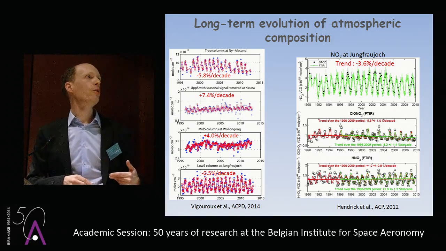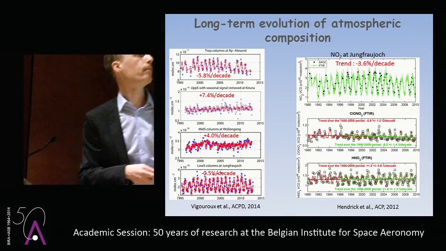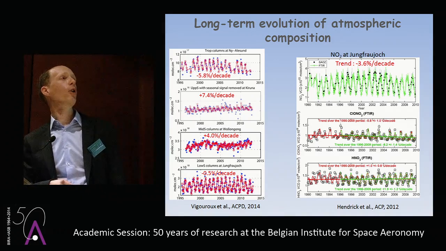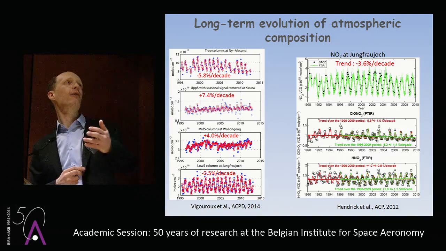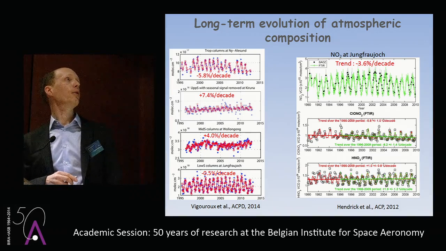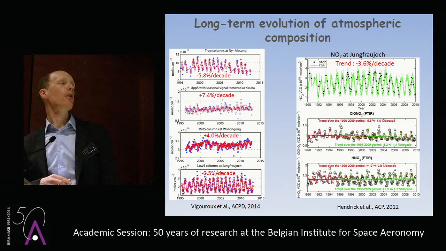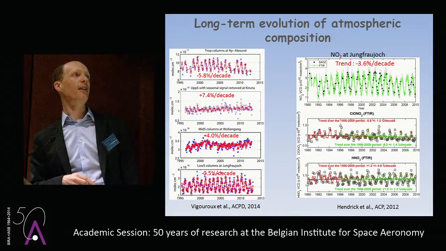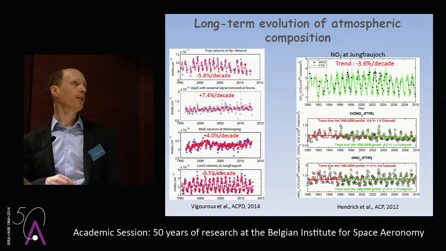So its trend, which is very negative, I don't see that number here, is a more pronounced trend than the trend of NO2, which is shown on that figure, which, by the way, is an intercomparison of UV-visible and FTIR measurements at the same site, and which shows a very nice agreement between the two methods. So by comparing the trends for those two compounds, we can conclude that indeed the chlorine content in the stratosphere is decreasing.